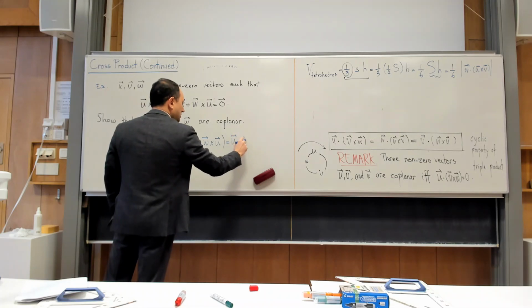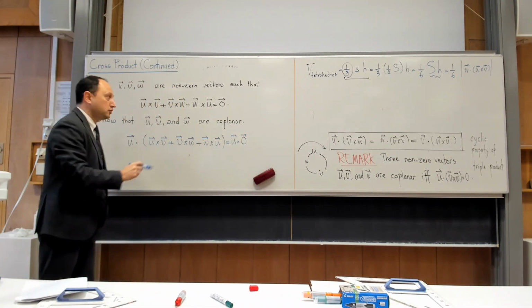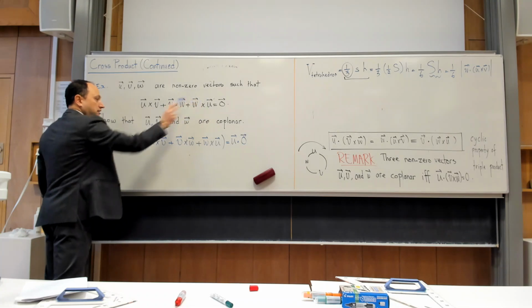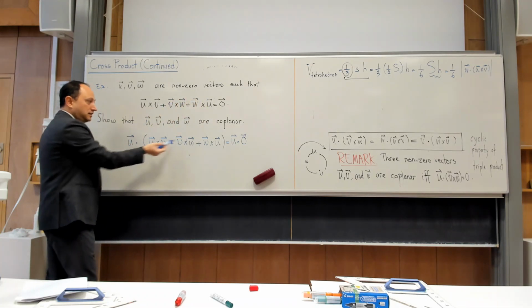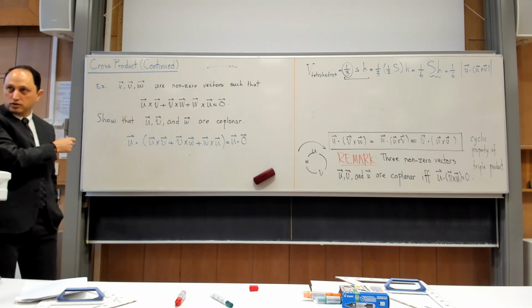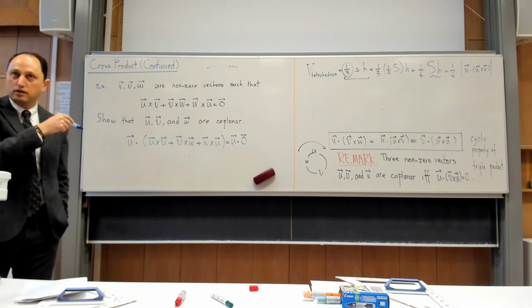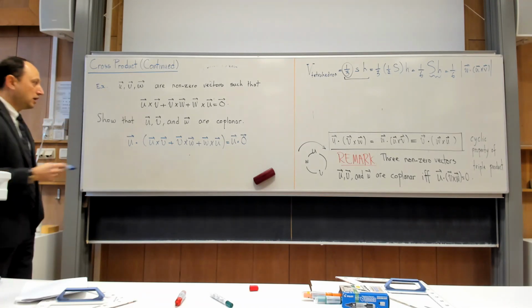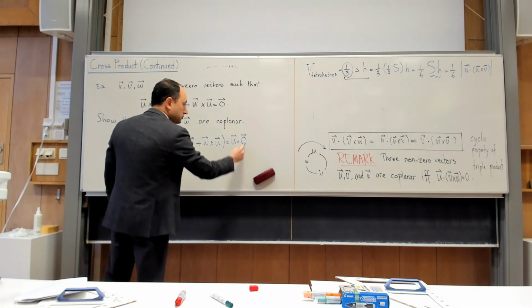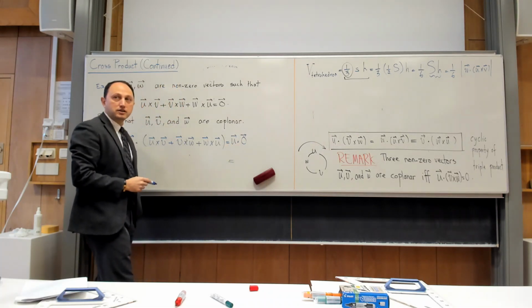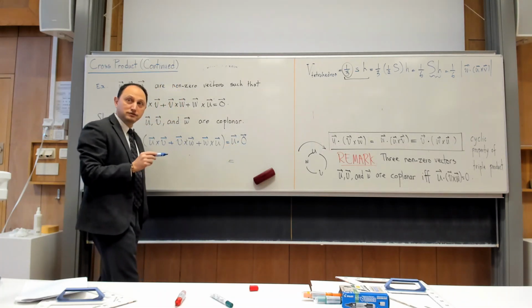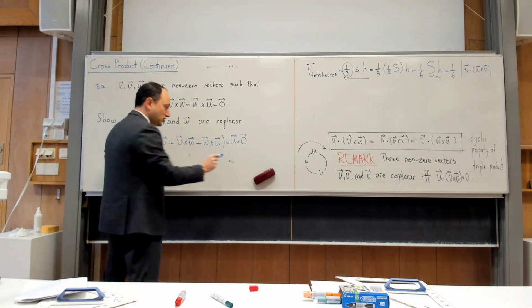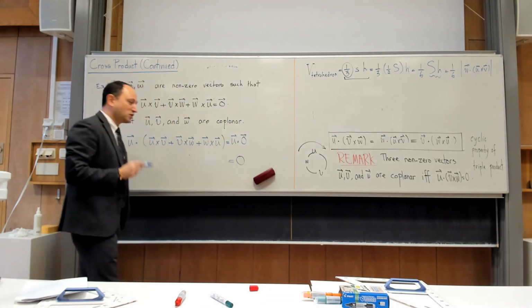If you tell me this is the 0 vector, you have to admit this is also true, because I just dot product both sides by u. Is that understandable? On the right hand side, do I have any problems? The answer is 0. Just 0, not a vector, because that's a dot product.